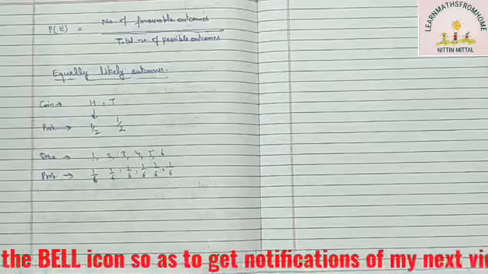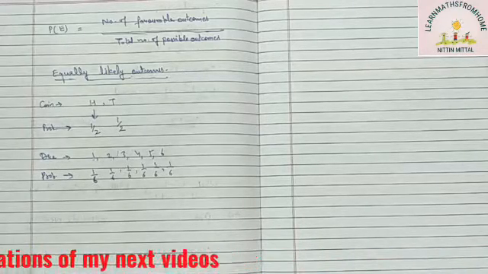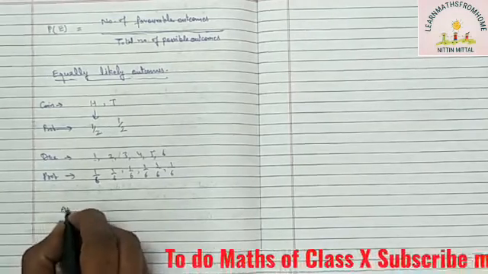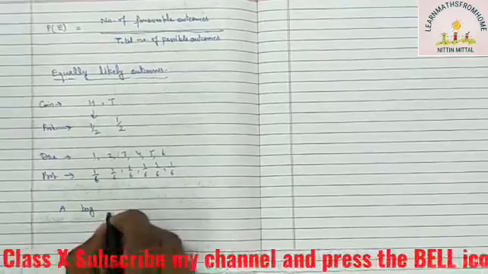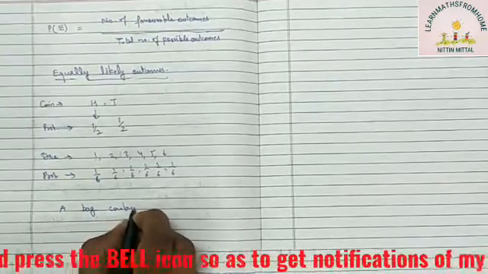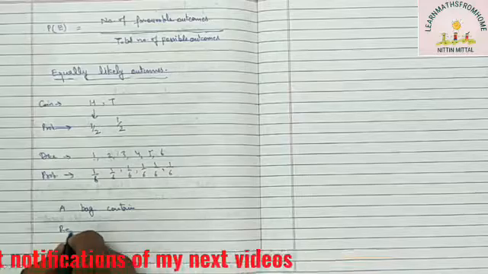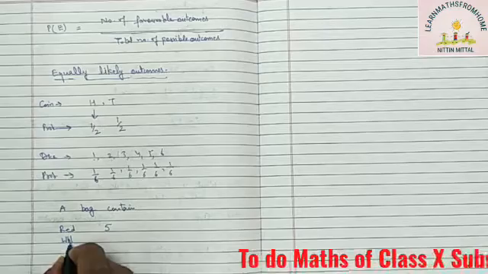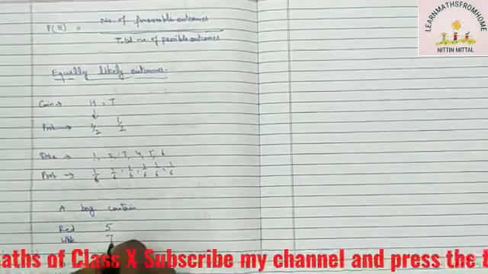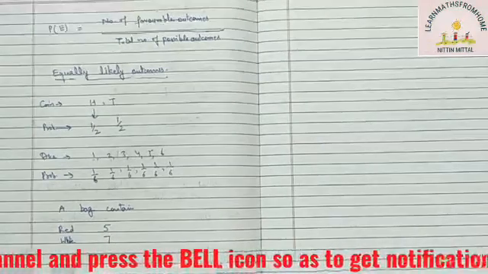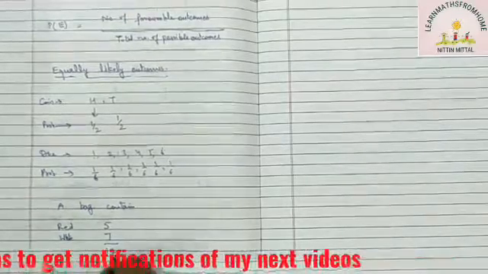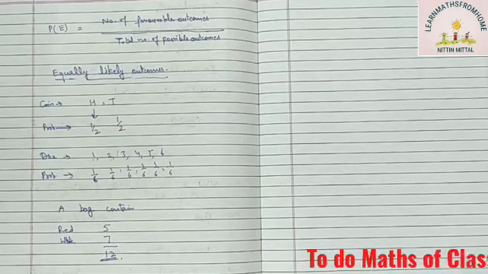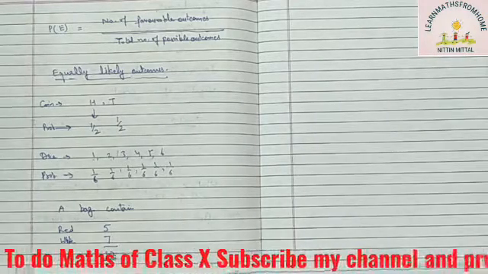Now let me give you one example in which the outcomes are not equally likely. For example, suppose a bag contains 5 red balls and 7 white balls. So the total is 12 balls, right? Here white balls are more than red balls, so red and white balls are not equal in number.